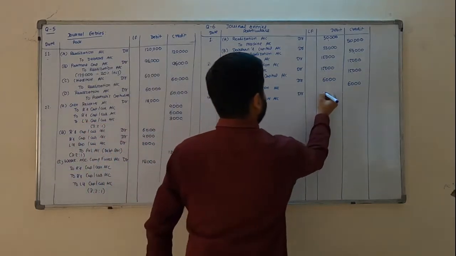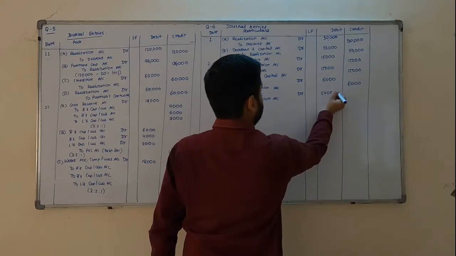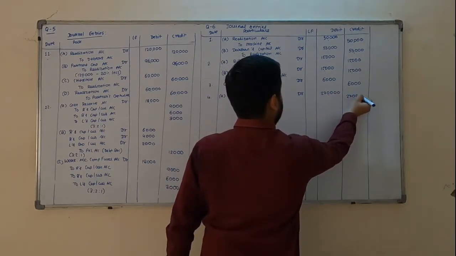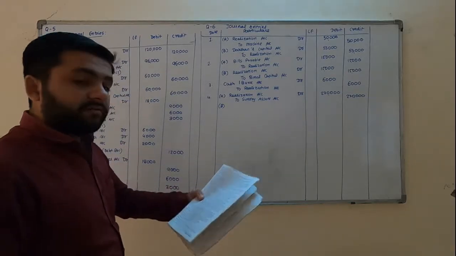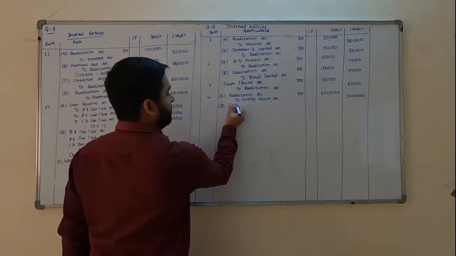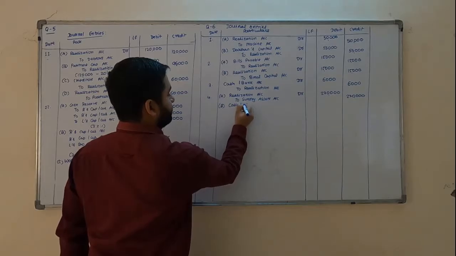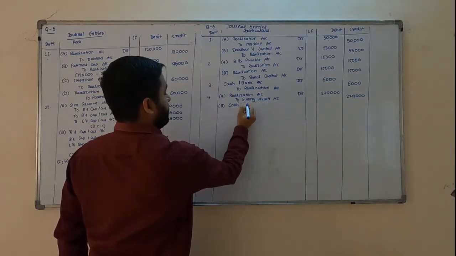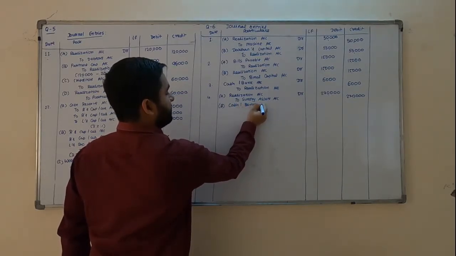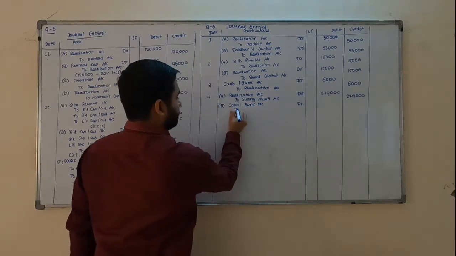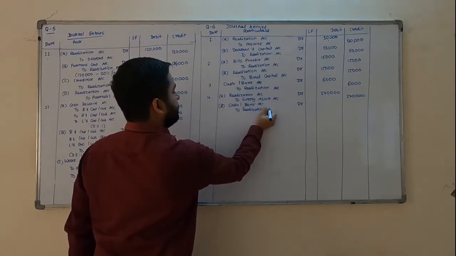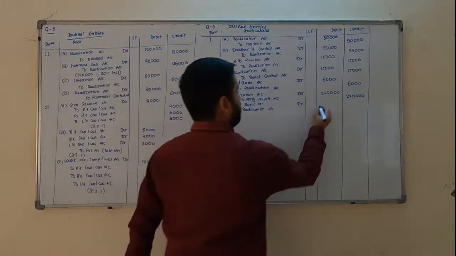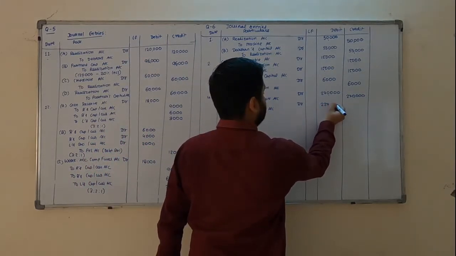Amount is 2,70,000. Now we are receiving 2,27,000 from it. So cash bank account debit to realization account. Amount 2,27,000.